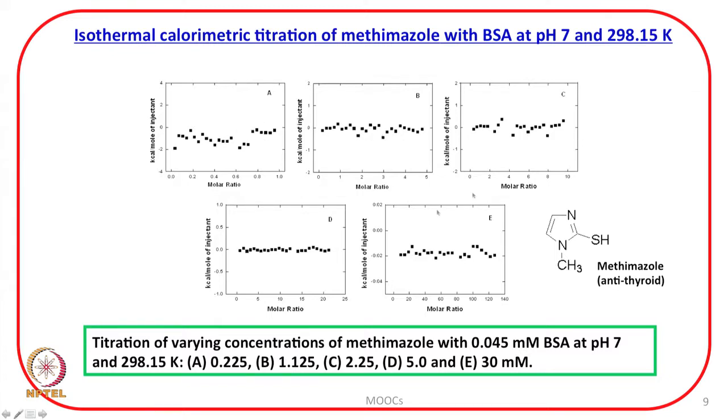It is just flat, which clearly suggests that this drug is not binding. Now, here again let me highlight that rarely this can also happen, that one may not see any change in the heat profile in isothermal titration calorimetry. That is, the delta H is 0.